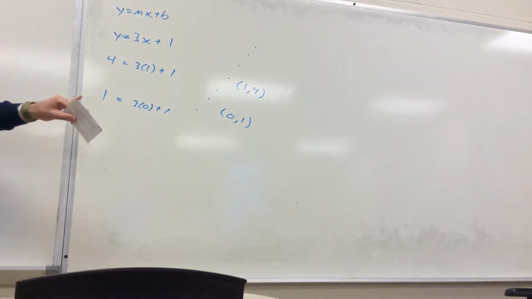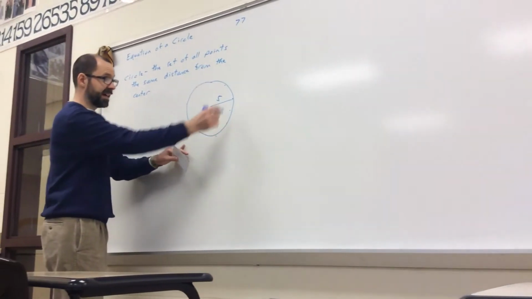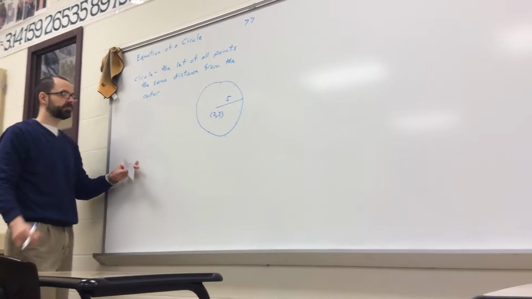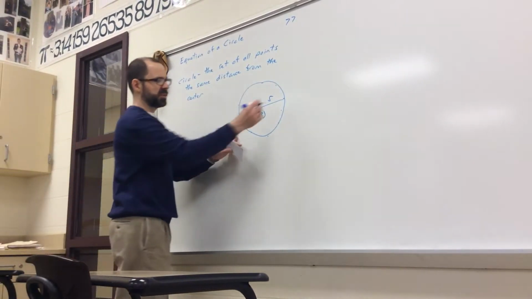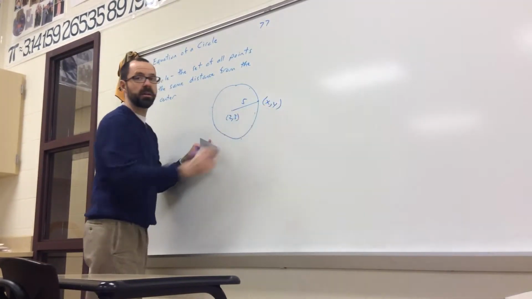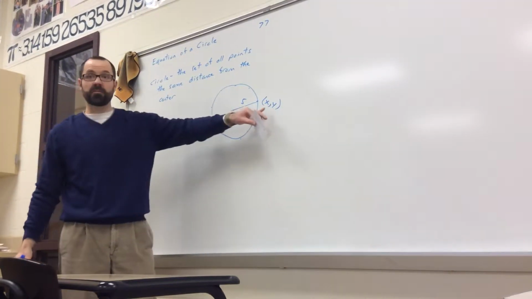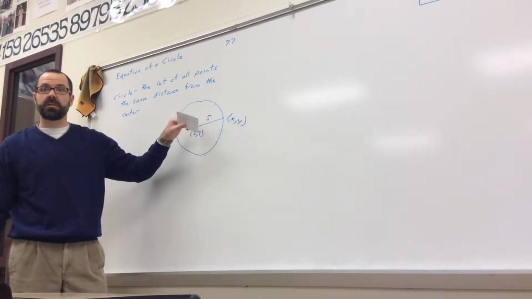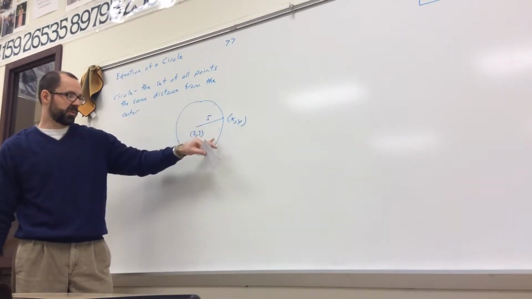So we're going to go for the same thing except for a circle. So we want something that all of these dots are going to work in. So I'm just going to call this dot x, y. It's a dot that represents all the dots. So this one could be called x, y.